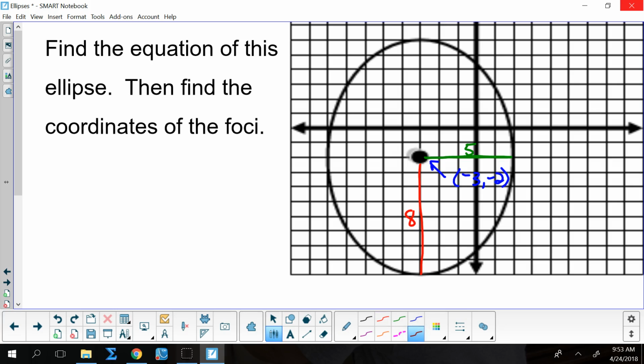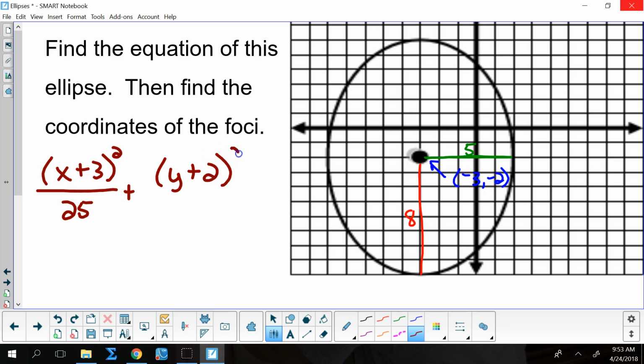So that tells me that my equation is going to be x plus 3 quantity squared over 25 plus y plus 2 quantity squared over 64 equals 1. Okay, like it.